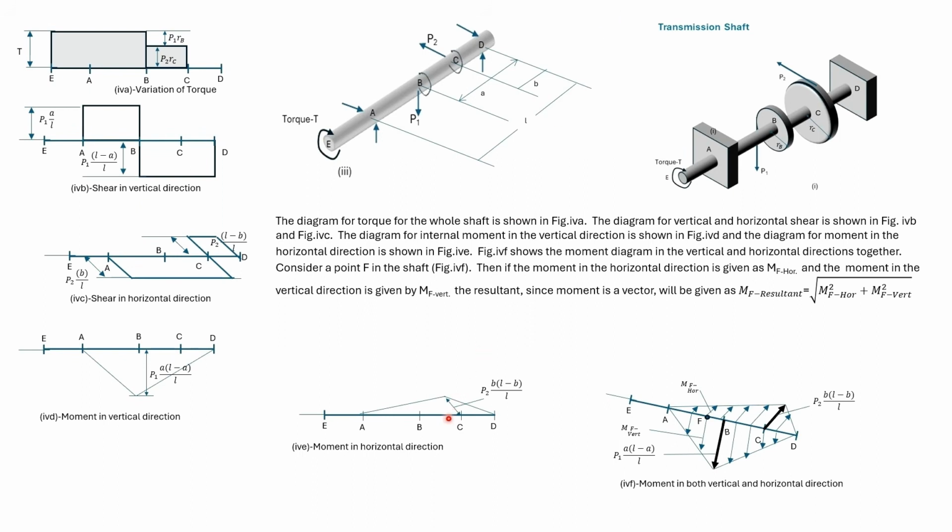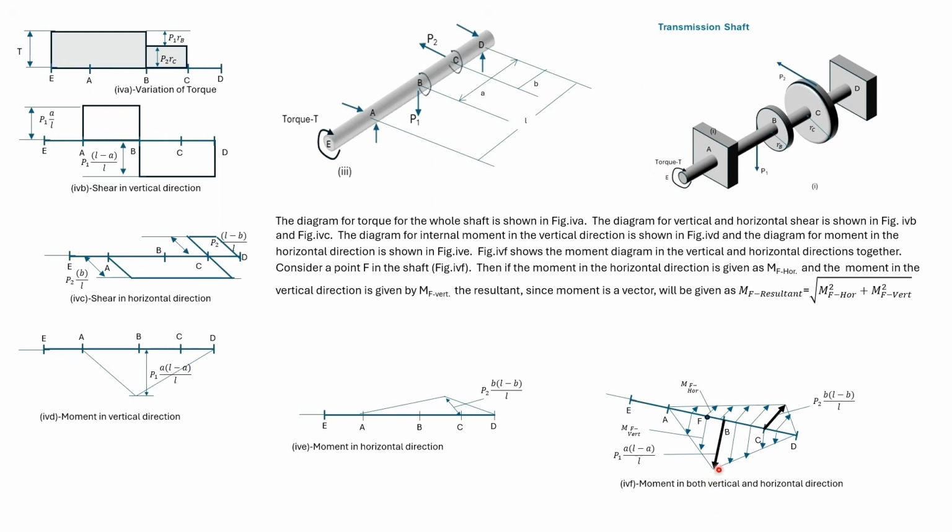The maximum bending moment is at C, and it is given as P2 into P into (L minus P) divided by L by formula. Here we have drawn the bending moment diagrams for both the horizontal and the vertical direction.